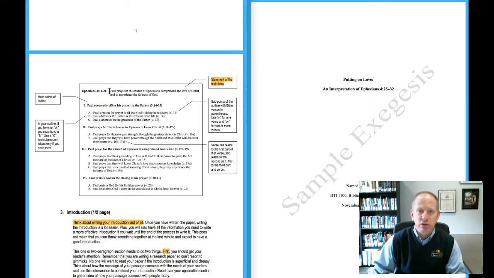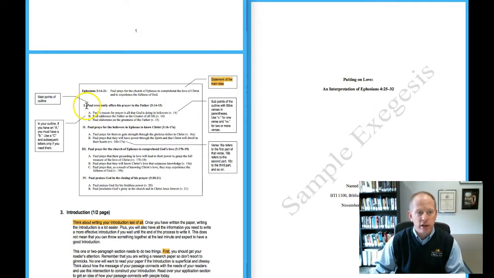And then in a single statement, you would summarize the main idea of that passage right here at the very top of the page. And then you're going to outline the passage as you are beginning to learn right now in the portion of the course that you're in, as we dealt with the Ephesians book and we looked at the big outline last week, and now you're looking somewhat at the surrounding context. That's going to help you get to that.